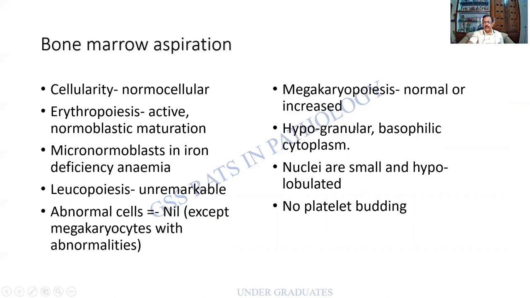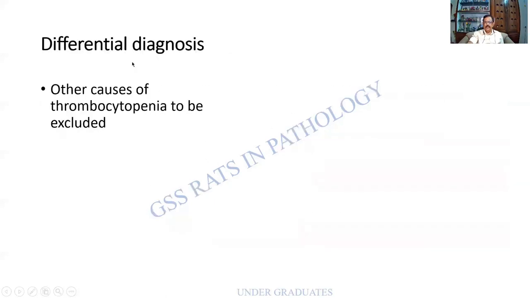They are hypogranular with basophilic cytoplasm. Nuclei are small and hypolobulated. No platelet budding is seen. Differential diagnosis: other causes of thrombocytopenia, such as aplastic anemia, are to be excluded.